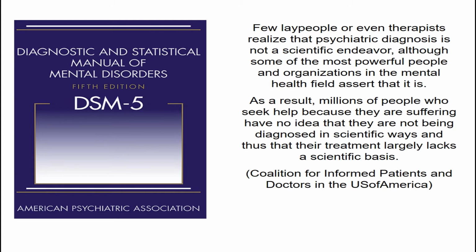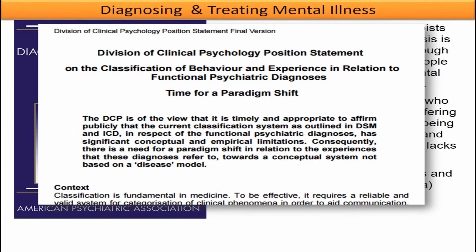So views like these have led to such things as, for example, in 2013, the UK Division of Clinical Psychology in the British Psychological Society issuing a statement to say that it was time to give up on the mental illness model.